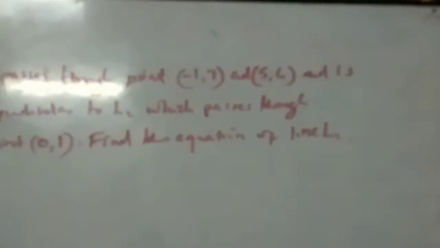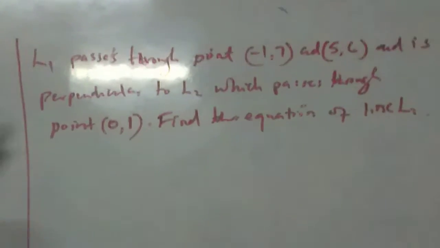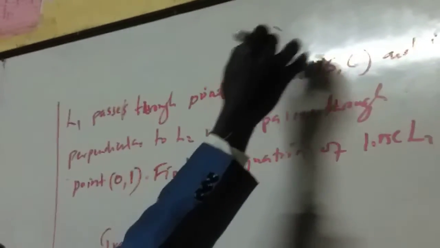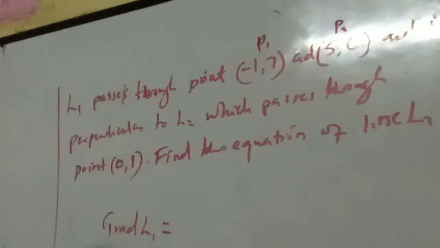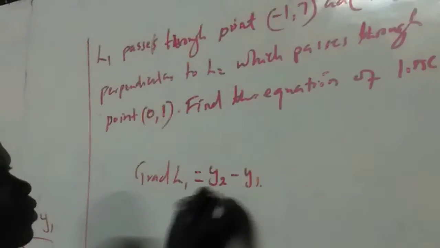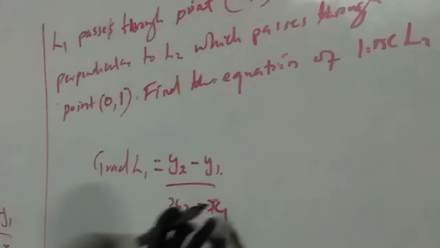So we can get the gradient of line L1. The gradient of L1, if this is our P1 and this is our point P2, will be the change in y over the change in x, x2 minus x1.